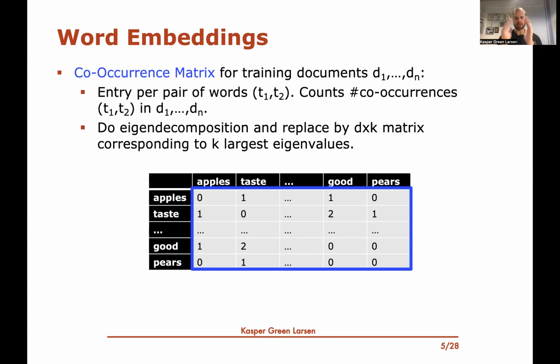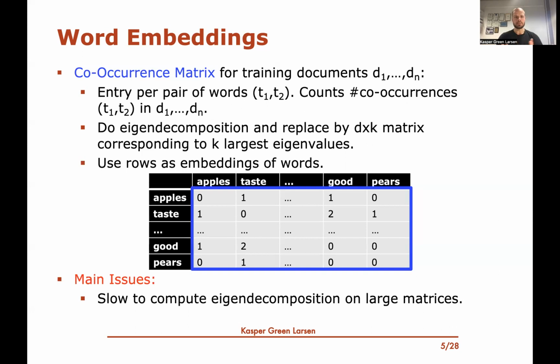But if we wanted a slightly shorter representation, then we would do an eigendecomposition of this matrix, zero out the small eigenvalues, and replace it by a D by K matrix, corresponding to the K largest eigenvalues in absolute value. All of this was in the previous video, but this gives a way of constructing a D by K matrix where every row would then be the embedding of a word.